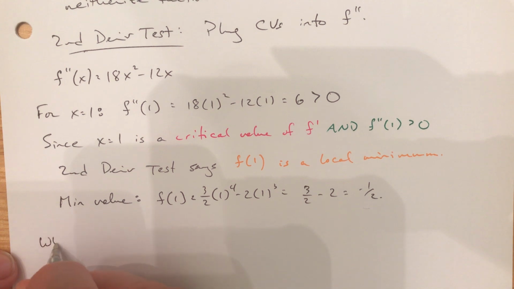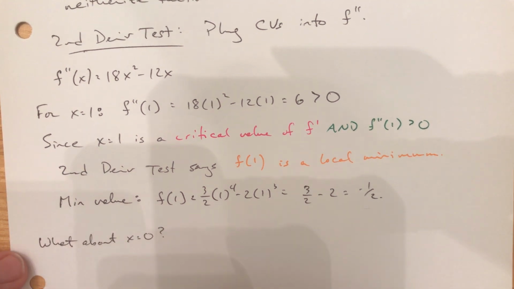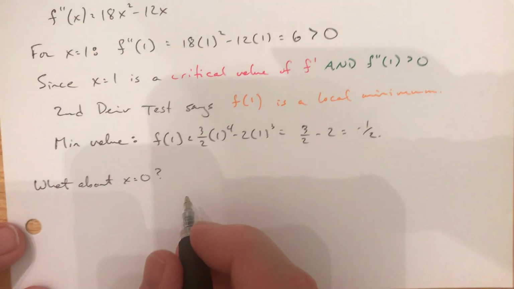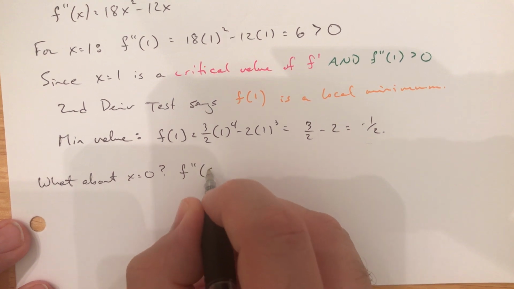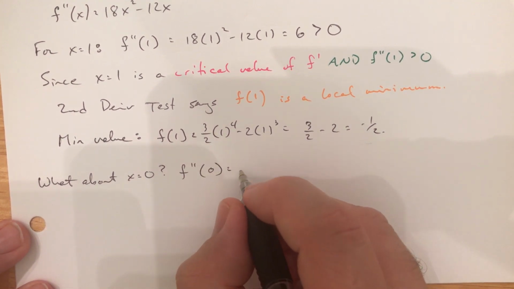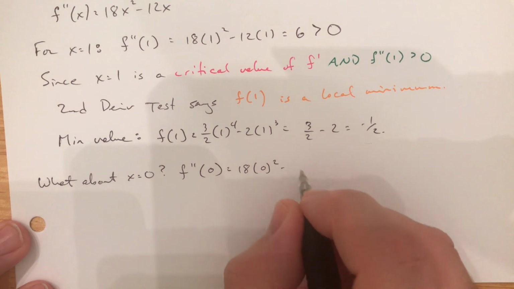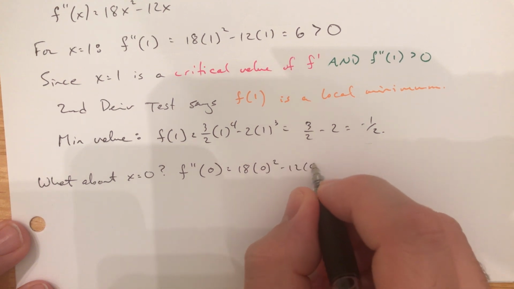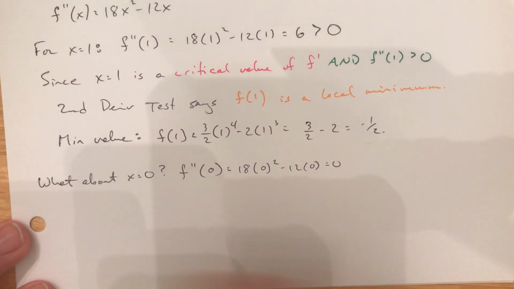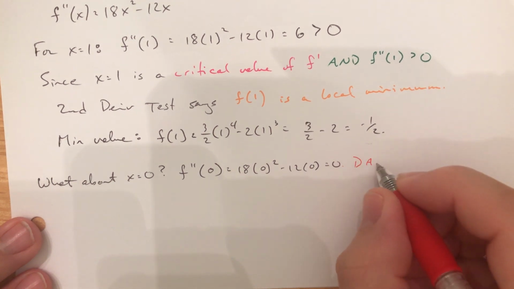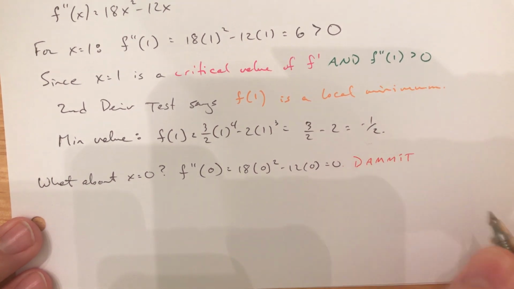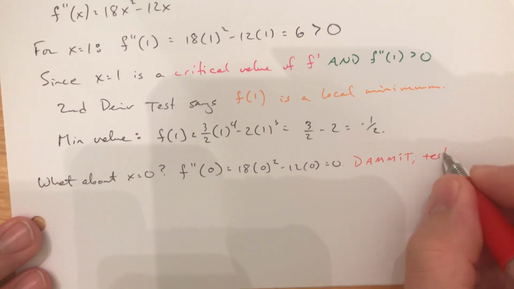What about x equals 0? Well, we'll plug that critical value into f double prime and get 18 times 0 squared minus 12 times 0 is 0. And, well, what happens with our second derivative test? Our test fails.